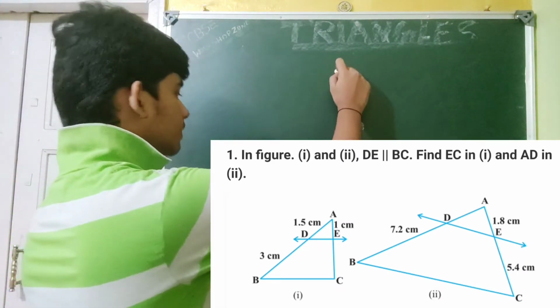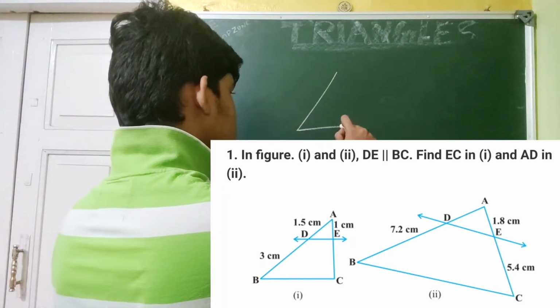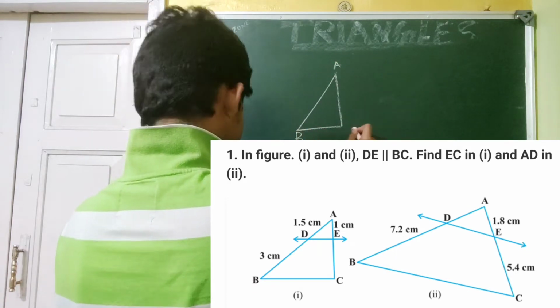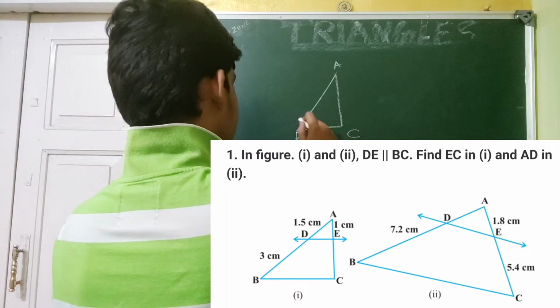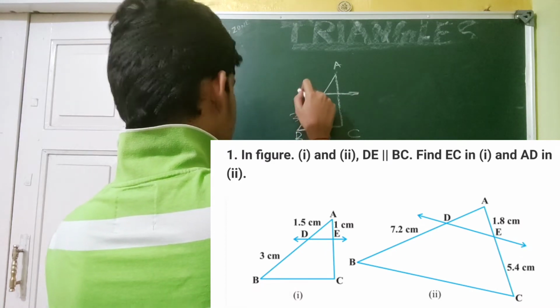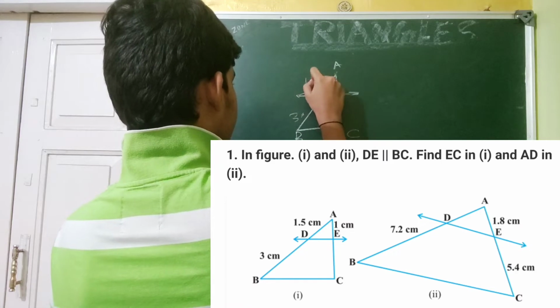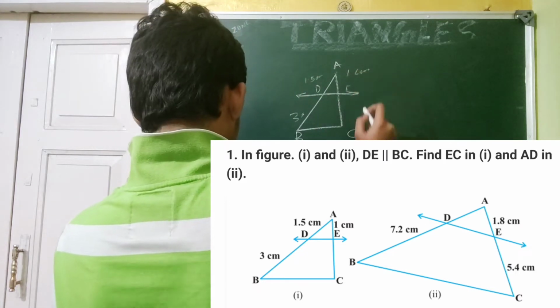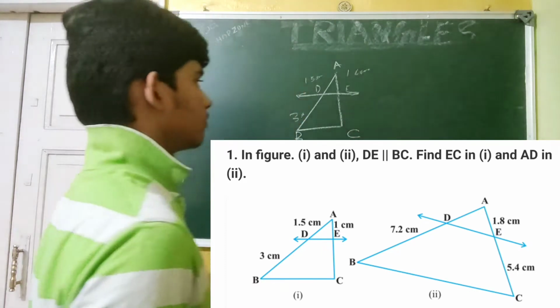Let me draw the triangle here. Let's say A, B, C. Let's take 3 centimeters, B 1.5 centimeters, and 1 centimeter. And we still need to find this out.